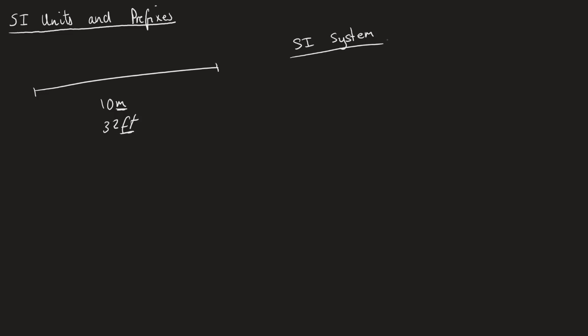So the SI system means that all of our measurements have to be in 7 base units. So we have some base units, and they describe what is the base unit of length, what is the base unit of mass, base unit of time, temperature, current, luminous intensity.